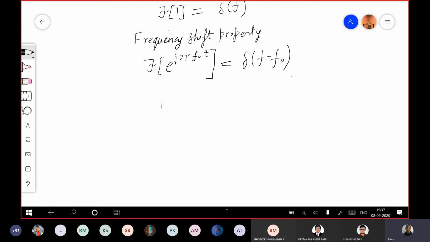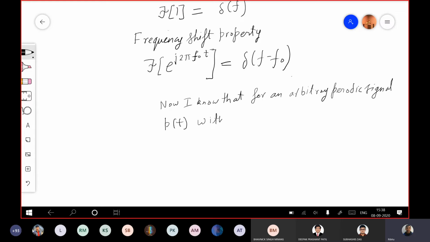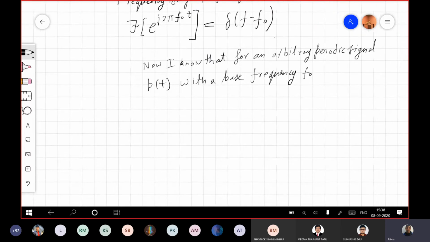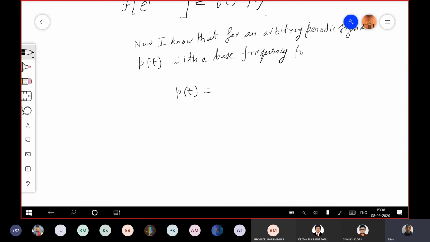So consequently, now I know that for an arbitrary periodic signal p of t with a base frequency f naught, satisfying the Dirichlet's conditions for the Fourier series, we can write p of t equals summation k goes from minus infinity to infinity p k e to the j 2 pi k f naught t.